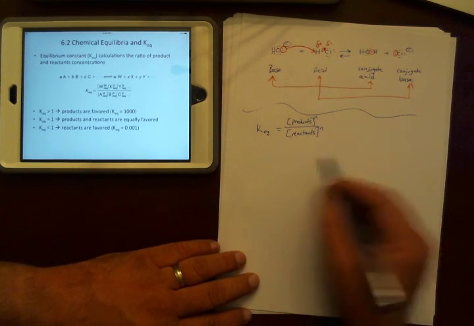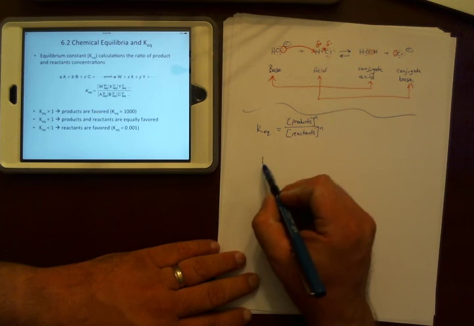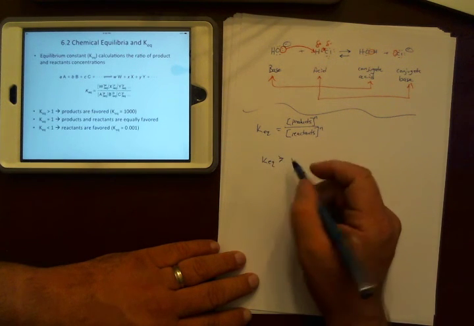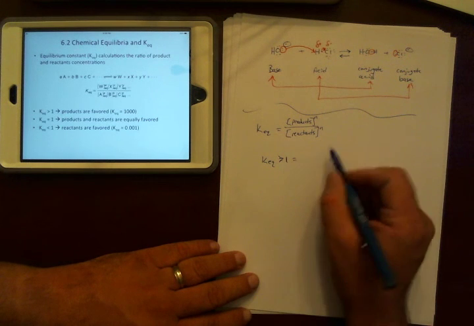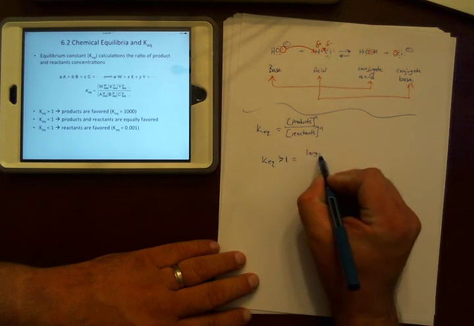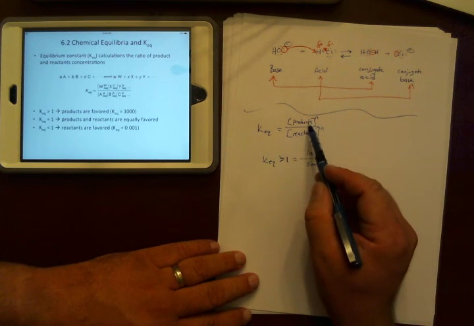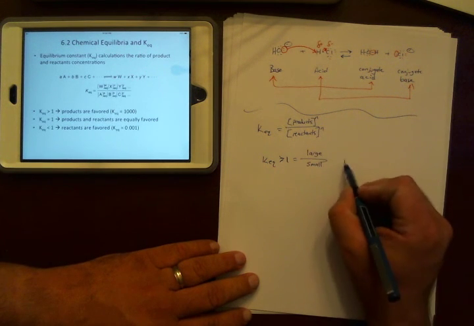Just realize that if this number, say KEQ, is greater than 1, that means we have a large number on top and a small number on the bottom. Since products are on top, products are favored.